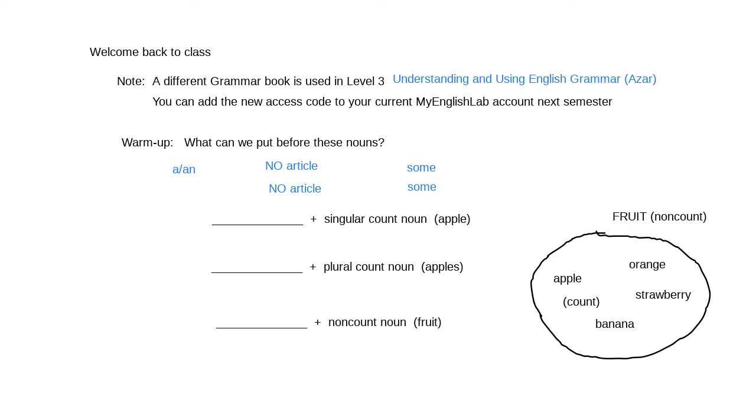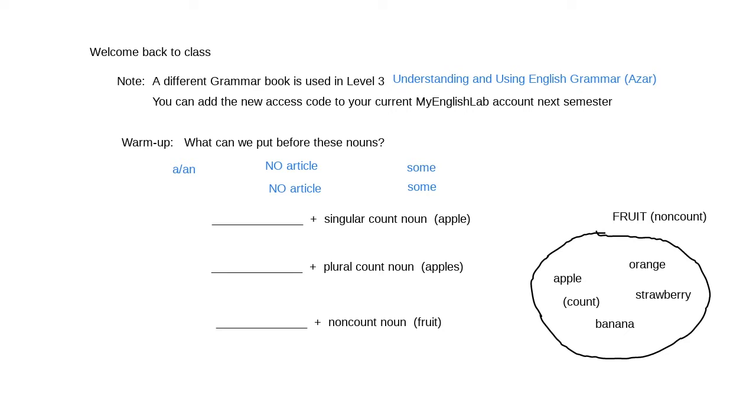So what that means is, yes, for level 3, you will have to buy a new book and a new access code. So that's a heads up about next semester.